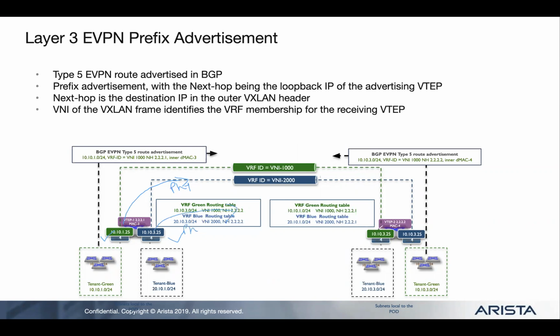When you receive this route on this side, to reach 10.10.1.0/24 it will have two ECMP paths, one pointing to the MAC of VTEP A and another to the MAC of VTEP B. It will show two different paths instead of only one path with the system MAC.